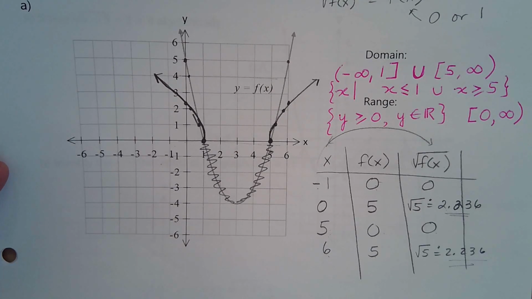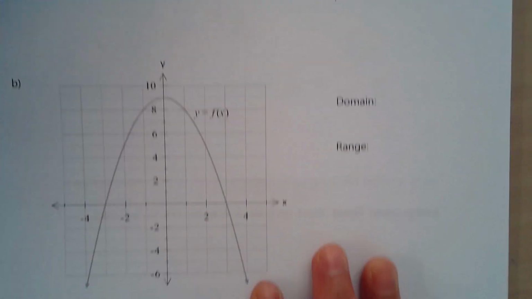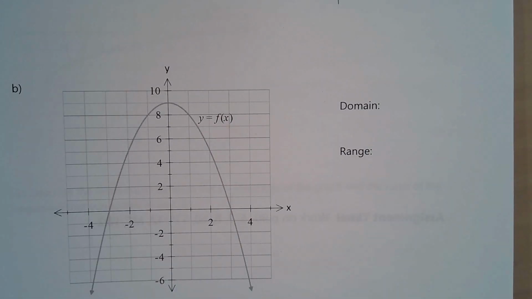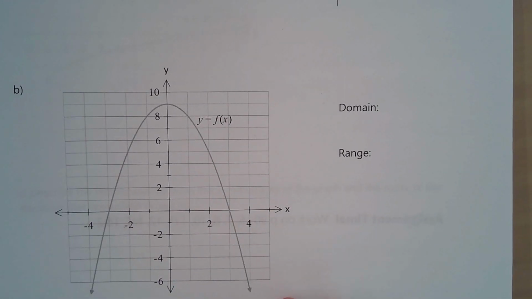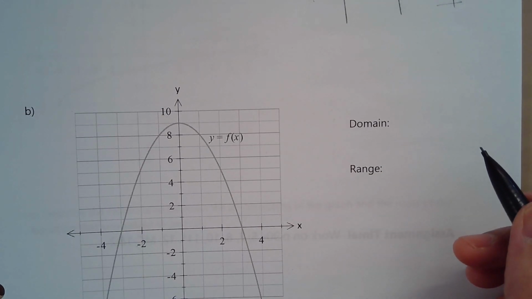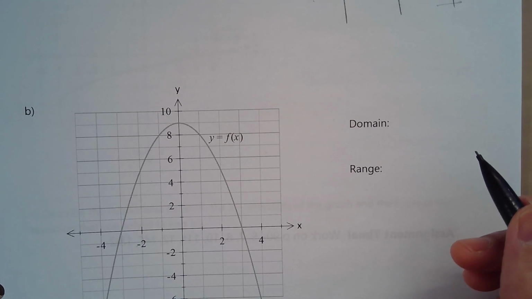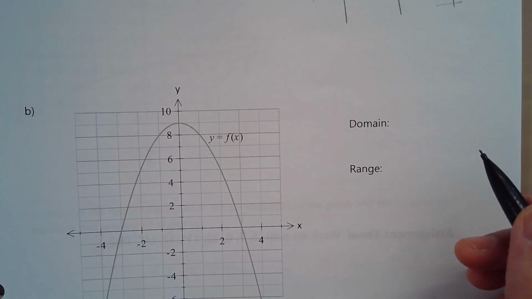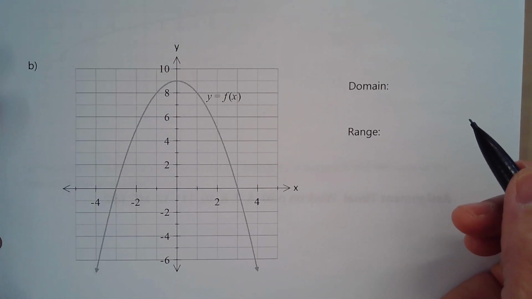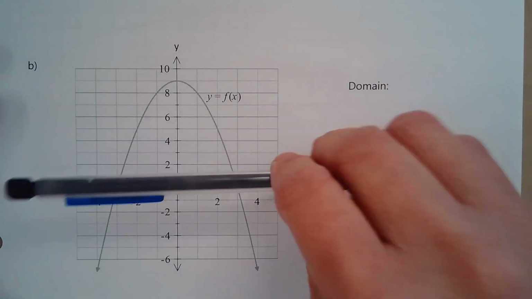Okay, now let's take a look at the letter B. Now this is a parabola opening down. Remember, the square root of f of x is defined only for non-negative f of x. So where is the non-negative f of x? Above the x-axis.